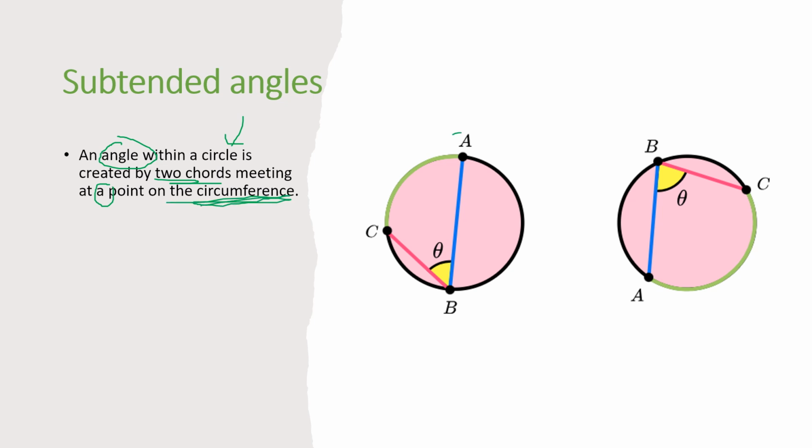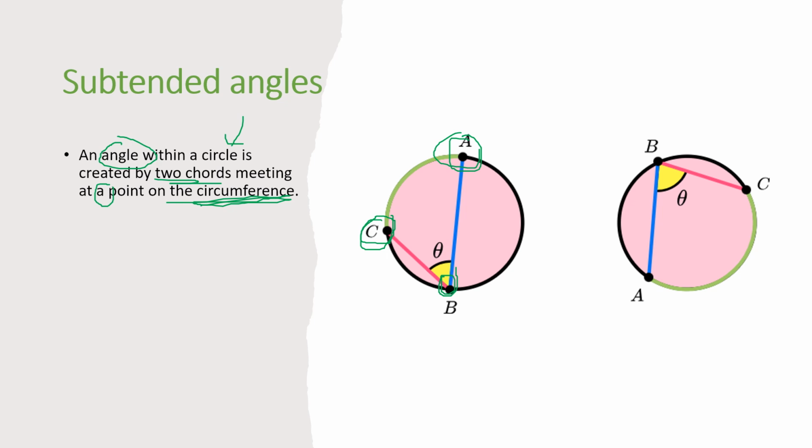So let's take this example. A and B are points on the circumference, and of course C is also a point on the circle. Now let me join AB. So now AB is a chord, and of course CB is also a chord. There are two chords now.